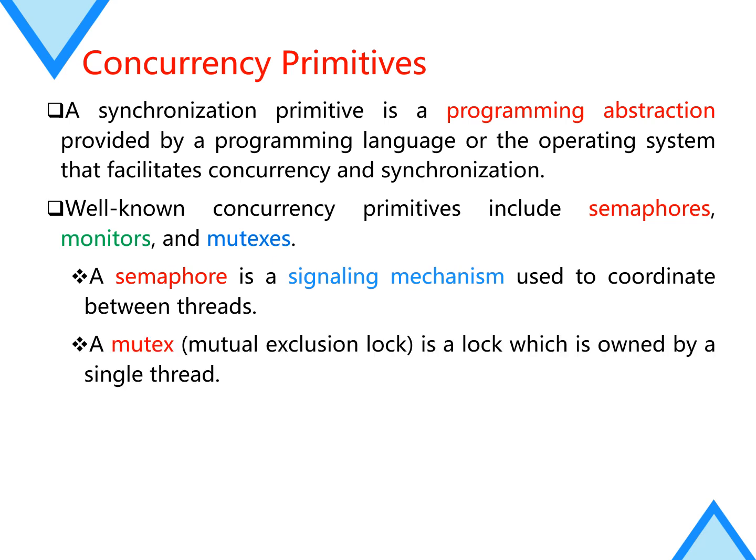But the mutex is actually a mutual exclusion lock. You have studied before in operating system what a lock is and how we do the locking mechanism. If some process needs a shared resource, for example a processor, it first gets a lock on that shared resource. So a mutex is a lock which is owned by a single thread.